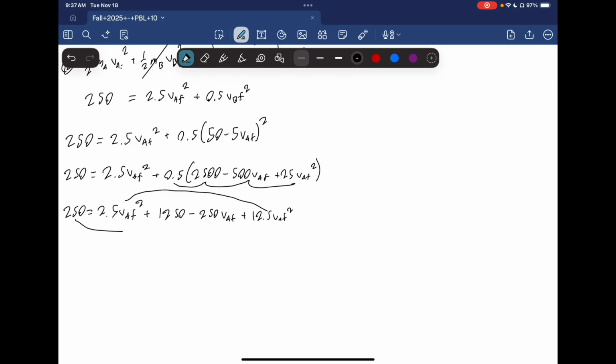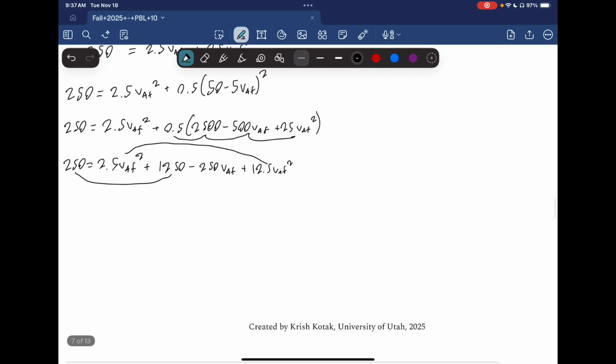I can combine these two terms and I can subtract 250 from this side and this side. So we end up with 0 equals 15 VAF squared minus 250 VAF plus 1000.